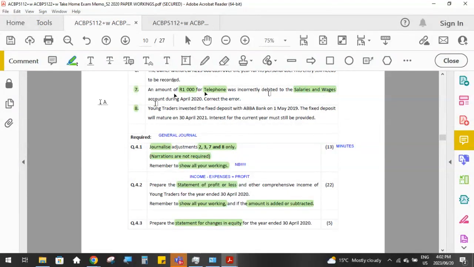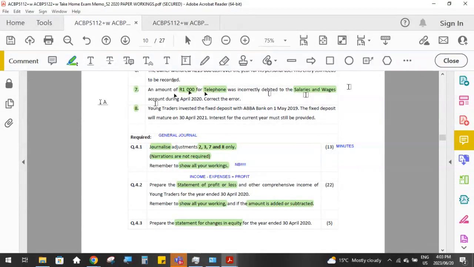So when we paid our telephone account, we sent the check off. Hopefully we sent the check off to the correct place, but we debited salaries and wages and credited bank instead of debiting telephone and crediting bank. So in this original journal entry that we did, only the one side of it is incorrect.